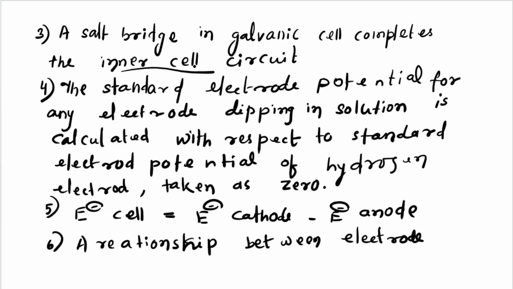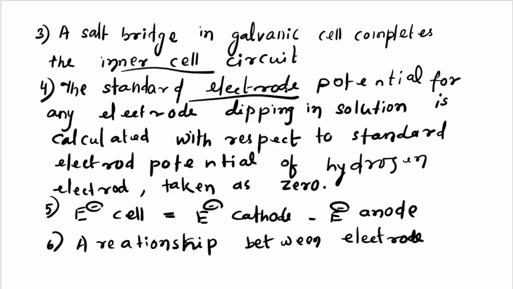What is meant by standard electrode potential? The standard electrode potential for any electrode dipping in a solution is calculated with respect to the standard hydrogen electrode, SHE, which is taken as 0.